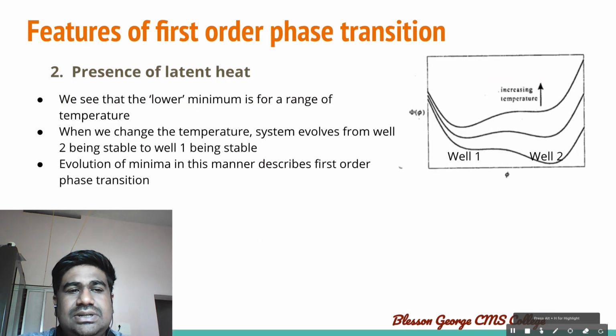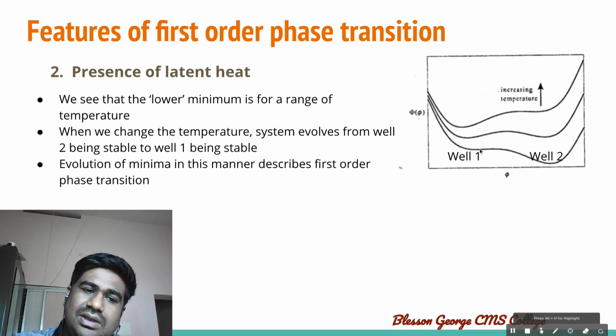The second feature is the presence of latent heat. Consider this diagram. Initially well 2 has the lower minimum and well 1 is a metastable state. As we increase the temperature, the system evolves such that well 1 becomes the stable state and well 2 becomes the metastable state.